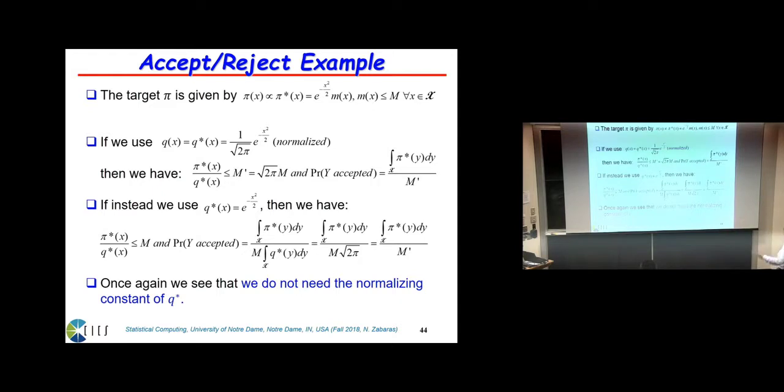If the proposal distribution is only known up to a normalization constant, this is good enough. In this case, I wanted to sample from a distribution pi that looks like that, and the proposal distribution is either a normalized Gaussian or an unnormalized Gaussian, and basically what you get is that the acceptance ratio and everything else is the same. So you don't really need to know the normalization constant in Q. That's the message here.